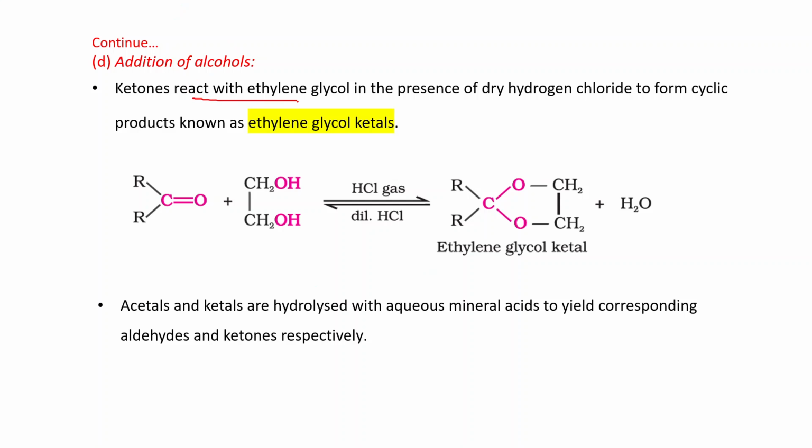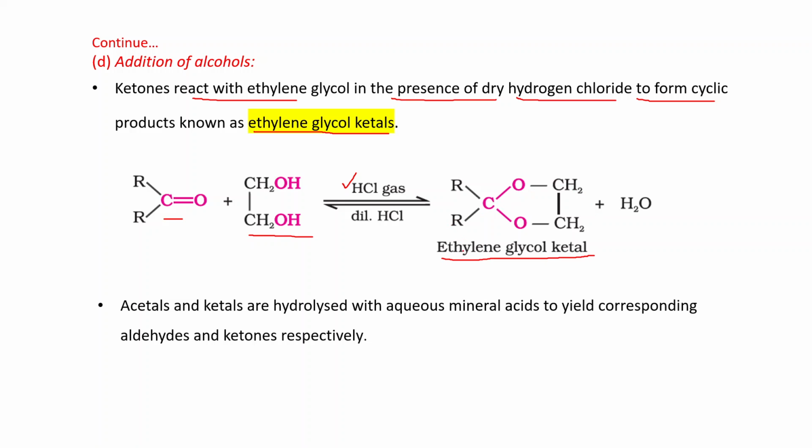Ketones react with ethylene glycol in the presence of dry hydrogen chloride to form cyclic products known as ethylene glycol ketals. See, this is a ketone and this is ethylene glycol, CH2OH, CH2OH. In the presence of HCl gas, this will form ethylene glycol ketal, and its reverse is also possible.